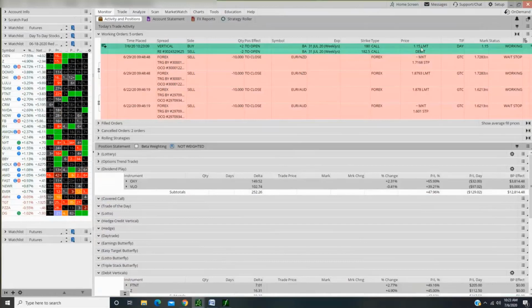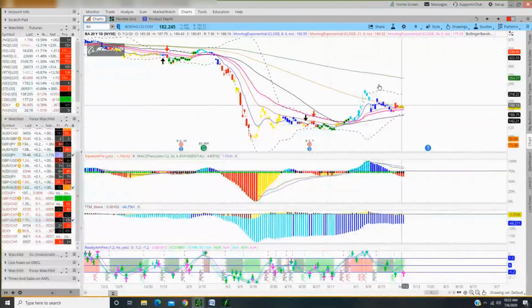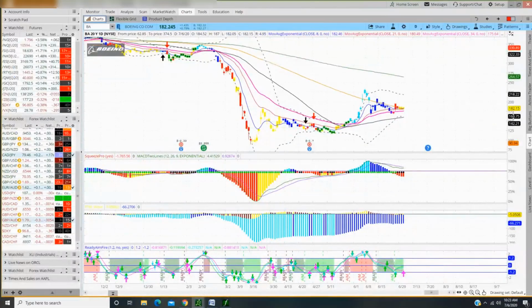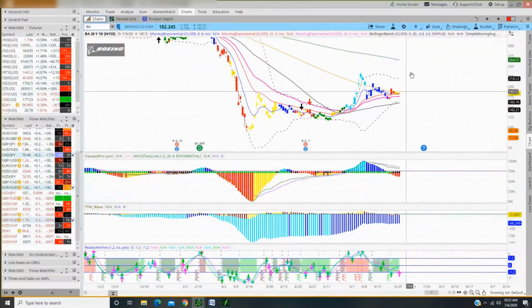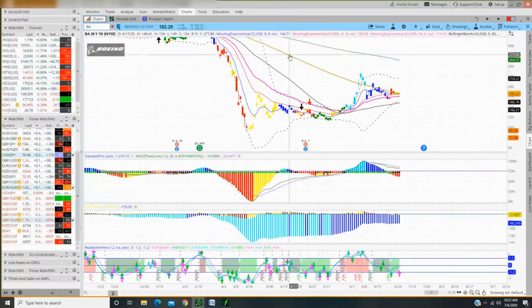I'm going to let it sit there for a little bit. And the reason I'm willing to do the debit is that it's more forgiving because it just has to stay above the 182.5. I mean, that's a good spot. The momentum is shifting, so that's good. Now, it's not filling, but we'll see what happens.